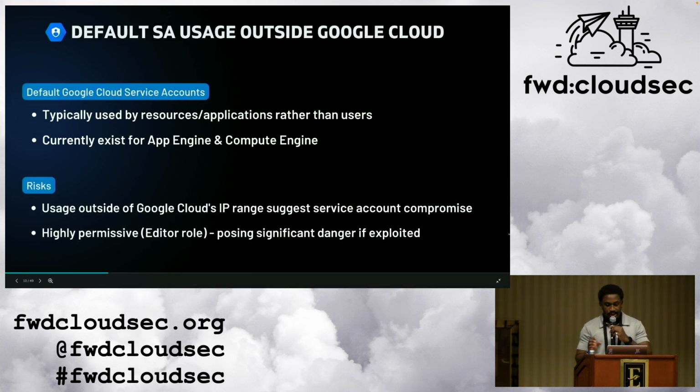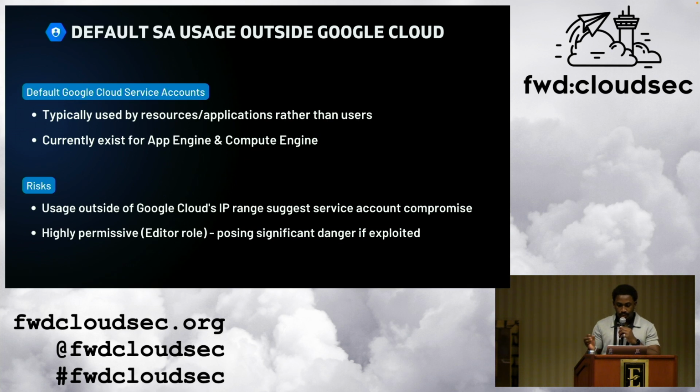Now, when a default service account is being used outside of Google Cloud's IP address range, this could suggest potential compromise of the service account because we typically expect the service account activity to occur from within Google Cloud environments. Now, the other issue with this is the fact that Google Cloud service accounts, the default service accounts, are highly permissive by nature.